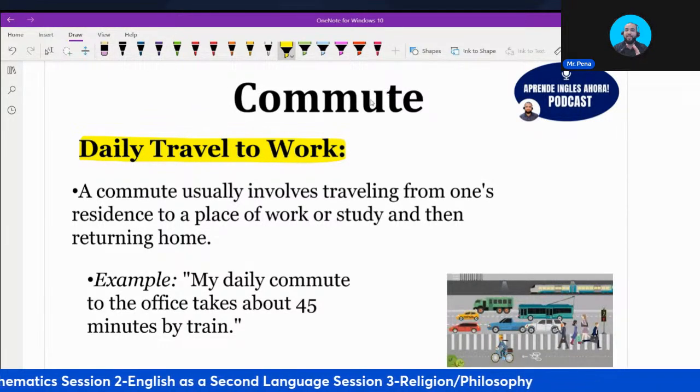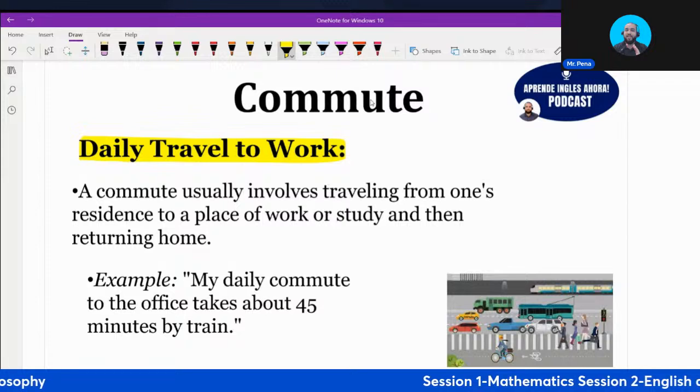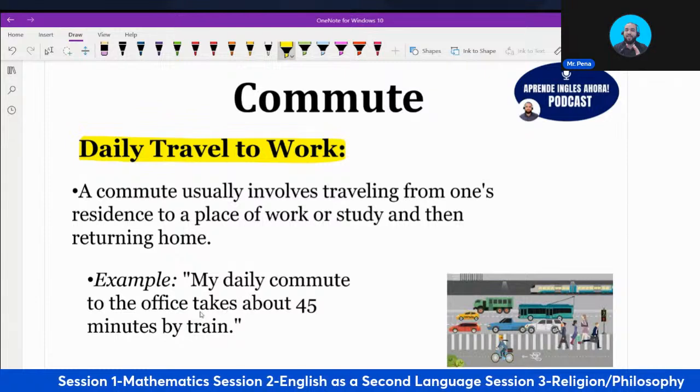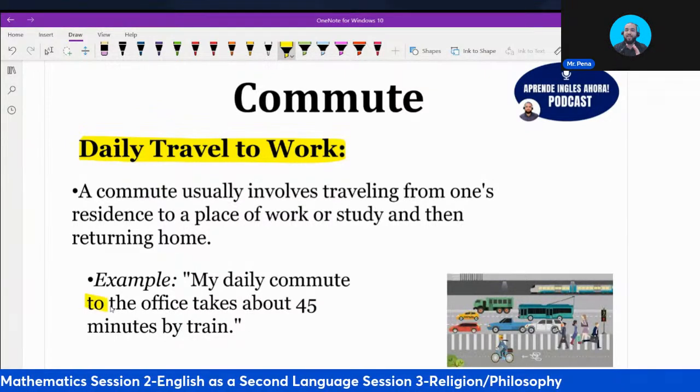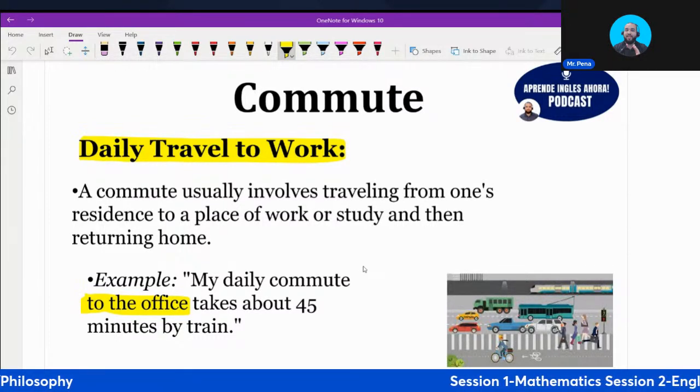A commute involves traveling from one's residence to a place of work or study and then returning home. My daily commute to the office takes about 45 minutes by train. You have a commute to work and a commute from work.